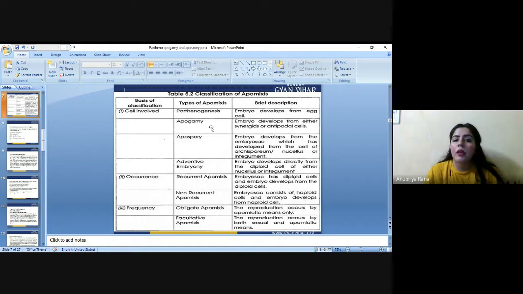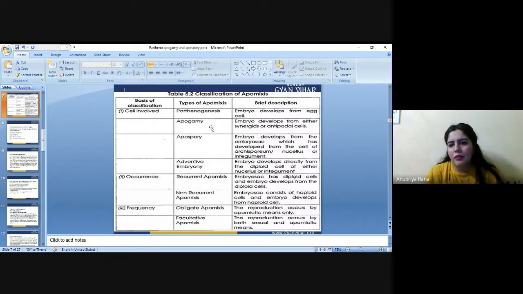If we are talking about apospory here, the embryo develops from an embryo sac which has developed from a cell of the archesporium, nucellus, or integument. This is a little divergent, because the embryo will be developed from the embryo sac, but the difference lies in the embryo sac itself. The embryo sac is developed from either a cell of the archesporium, or from the nucellus or integument.